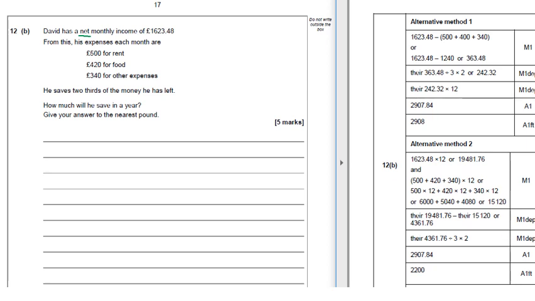His expenses each month are £500 for rent, £420 for food, and £340 for other expenses. I think that's fair enough. So I've got 1, 2, 6, 0.